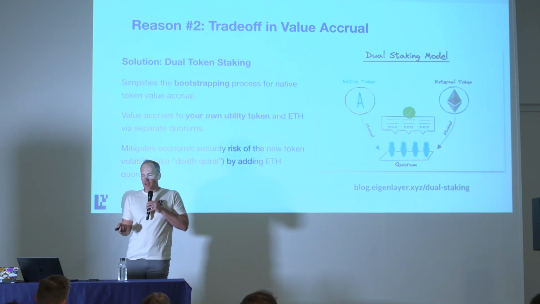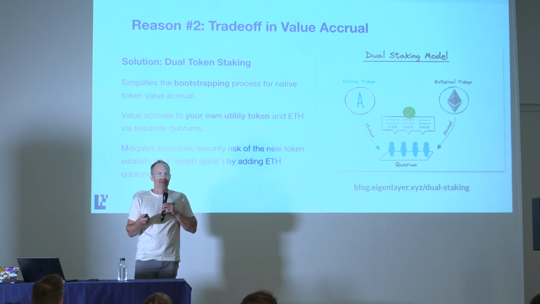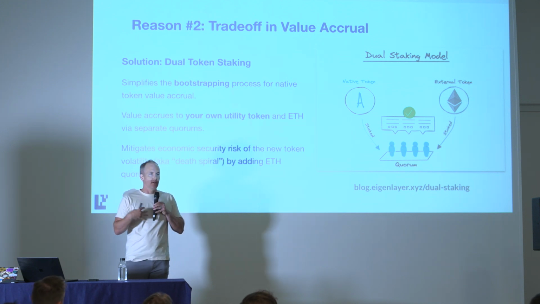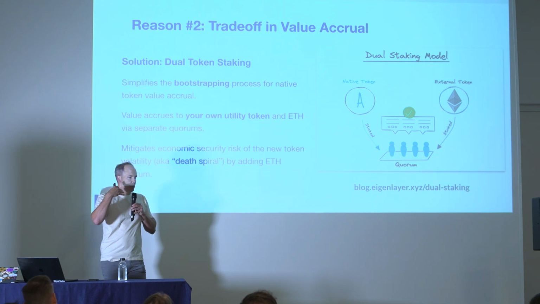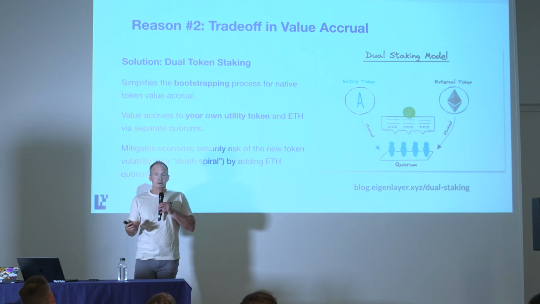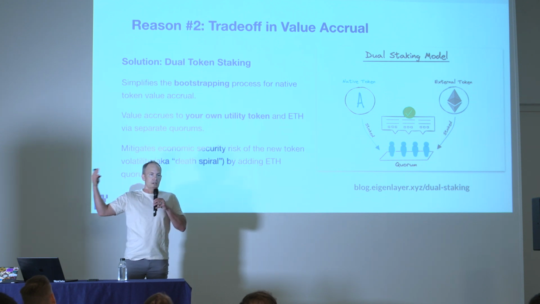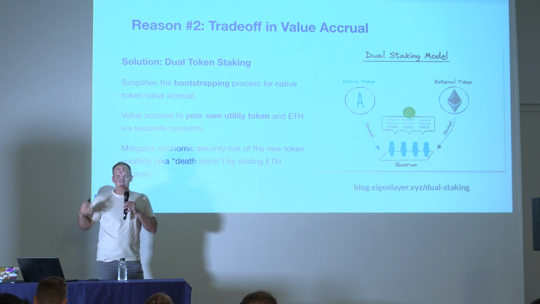One of the really powerful things that EigenLayer is offering is dual token or multi-token staking, so that your users, when they are providing economic security for your app, can stake both native ETH and also your token at the same time. So you can have a steady growth in token value accrual and still have the benefit of the larger economic pool of broader Ethereum from restaking.